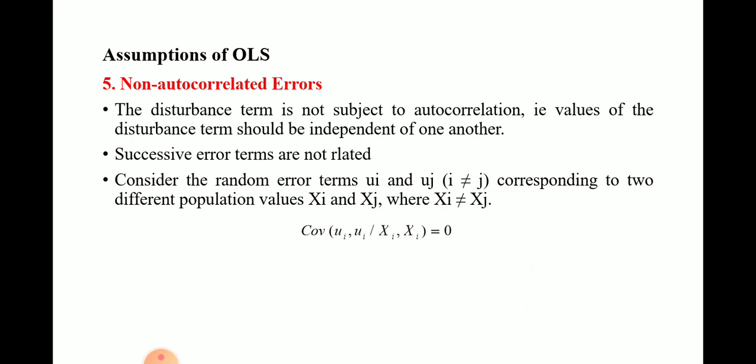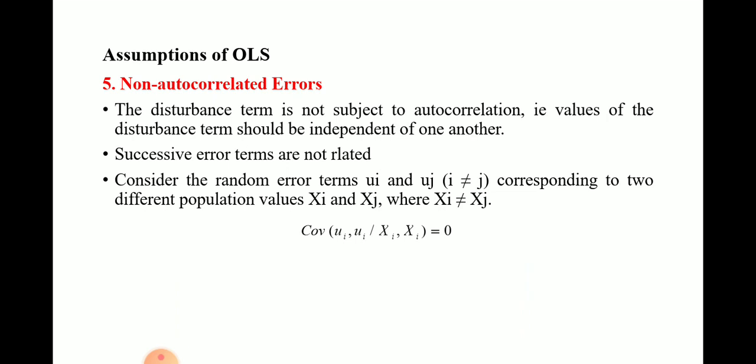How can we express this mathematically? Using covariance, because covariance measures relationships. So the covariance between ui and uj, where ui is one u value and uj is the next u value, given xi and xj. It means the ui value corresponding to the xi value and the uj value corresponding to the xj value should have covariance equal to 0.